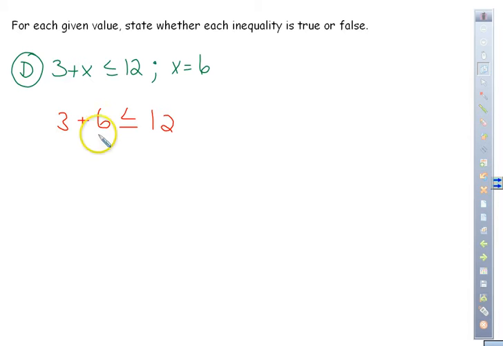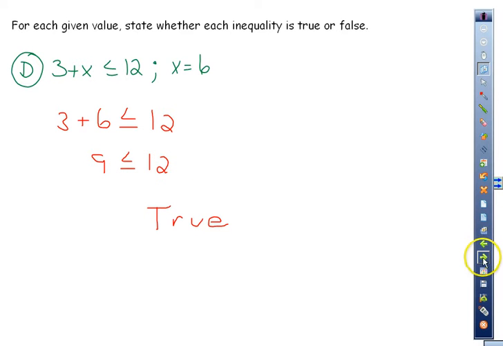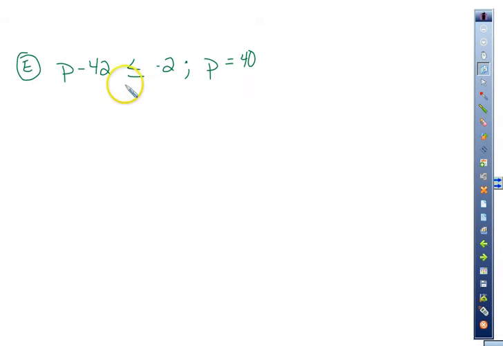What's 3 plus 6? 9. Some of you want to say, oh, well, it doesn't equal 12. Does it hold true? Is 9 less than or equal to 12? In this case, yes, it does. So it is true. It is less than or equal to 12. Go ahead and hit pause and try this one.